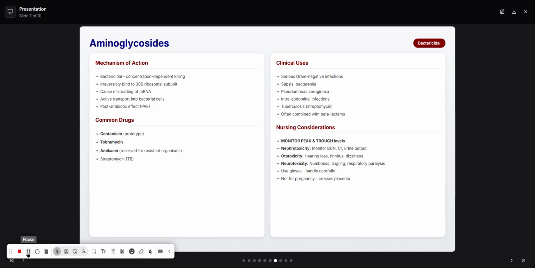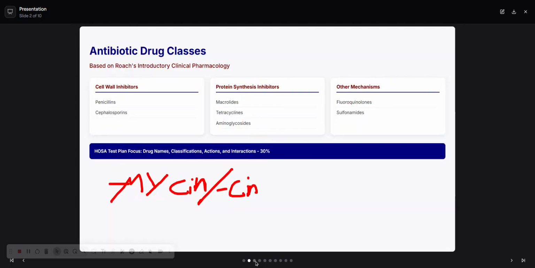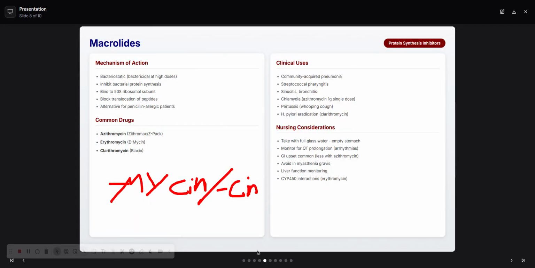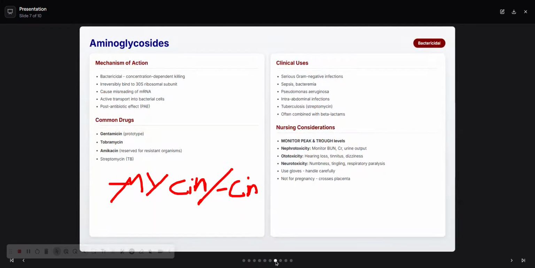So basically the suffixes are mycin and sin. Sorry for the bad handwriting. And this is not to be confused with the macrolide, which is thromycin. Don't get these confused because they're very different drugs. So keep that in mind. Macrolides are thromycin, and aminoglycosides are just mycin.